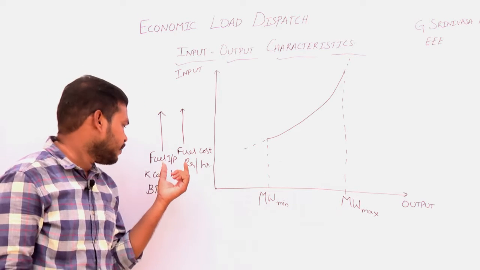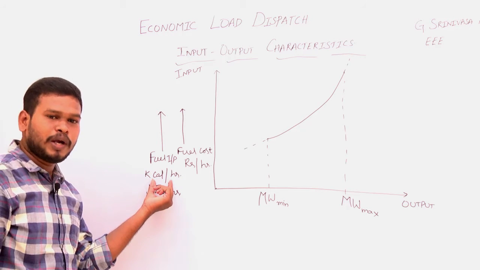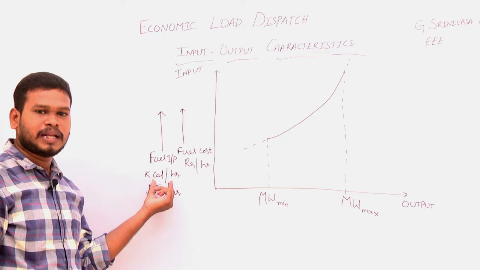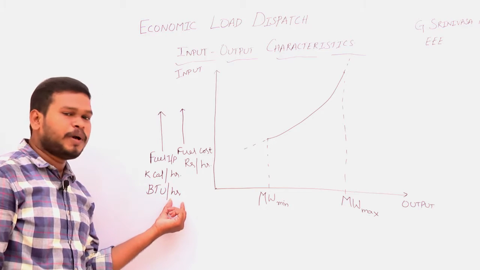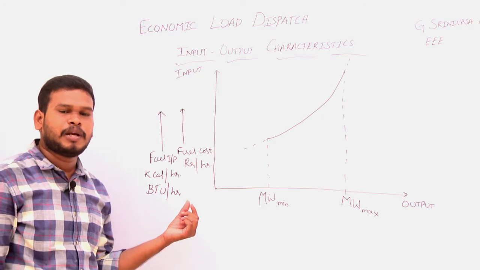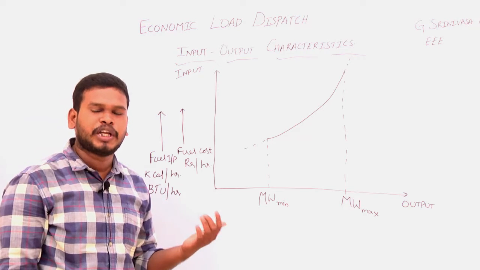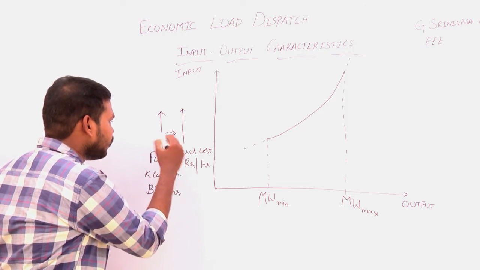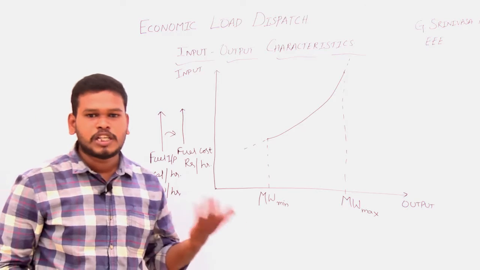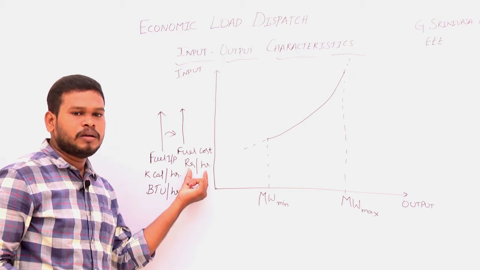So here you can see the fuel input can be in terms of kilocalories per hour. That is nothing but amount of fuel you are using. BTU per hour, that is British thermal units per hour, means amount of heat input you are giving to a boiler. Similarly, these can be converted into corresponding cost per hour. So that is nothing but fuel cost per hour.